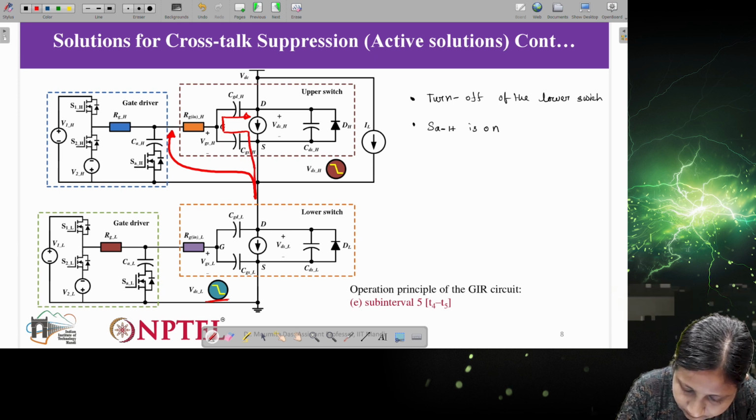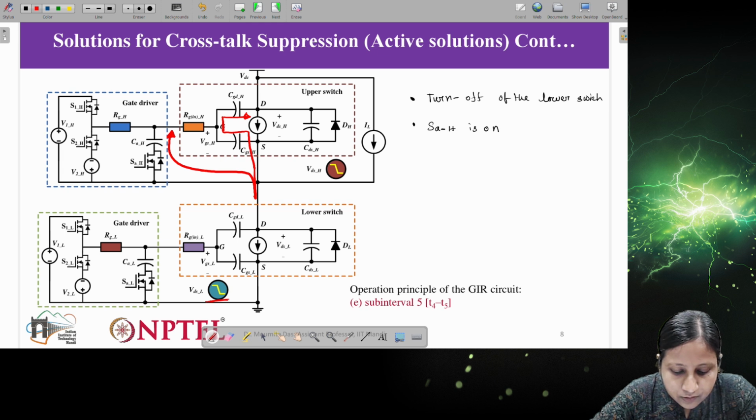Okay, so now this capacitance polarity is negative, and SAH is on, so the current is flowing through this capacitance in this particular direction.